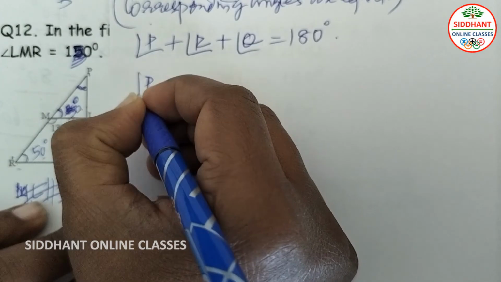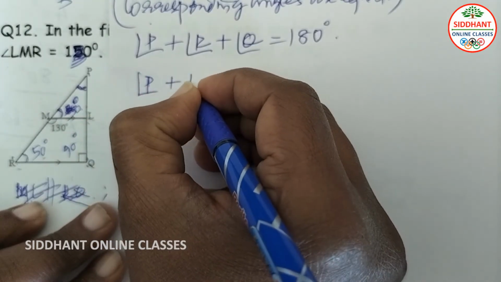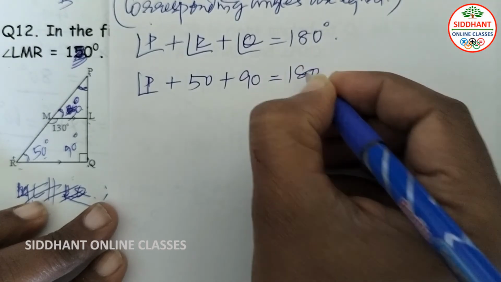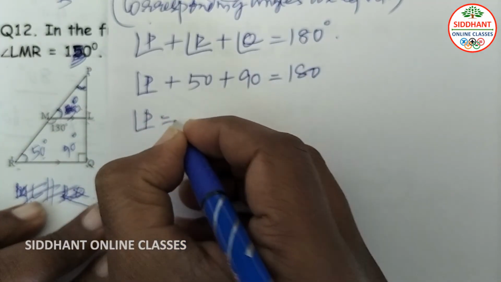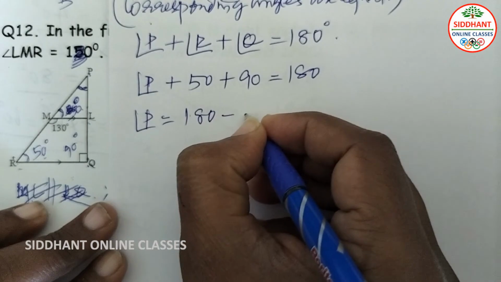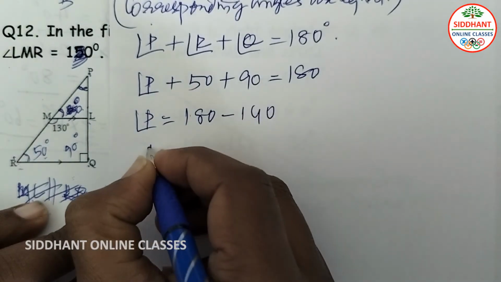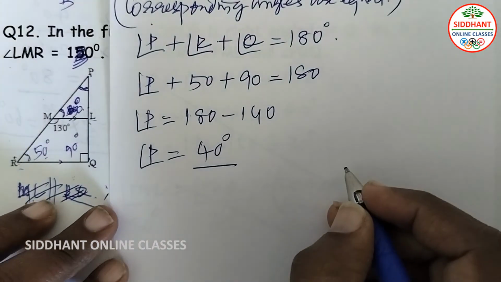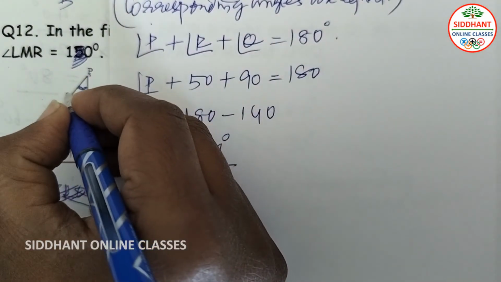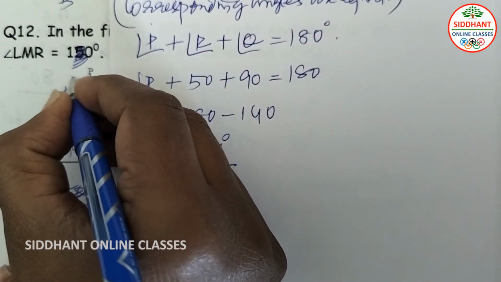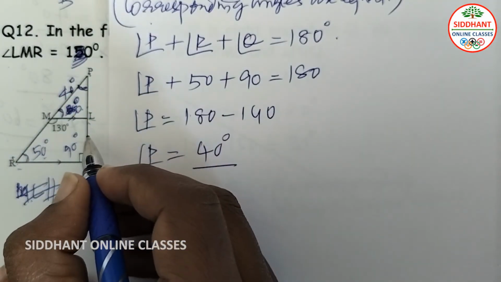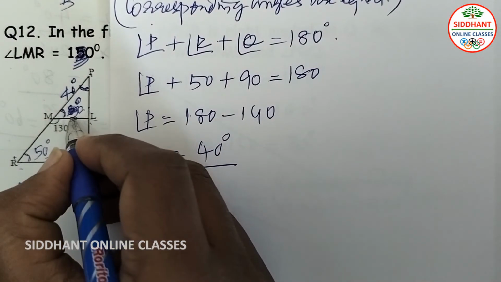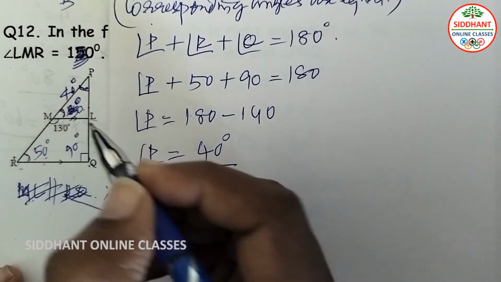Angle R is 50, angle Q is given 90, and the total is 180. So angle P is equal to 180 minus 140, angle P is equal to 40 degrees here. So this is 40 here. So this angle is 40, this angle is 50 and this angle is also 50.